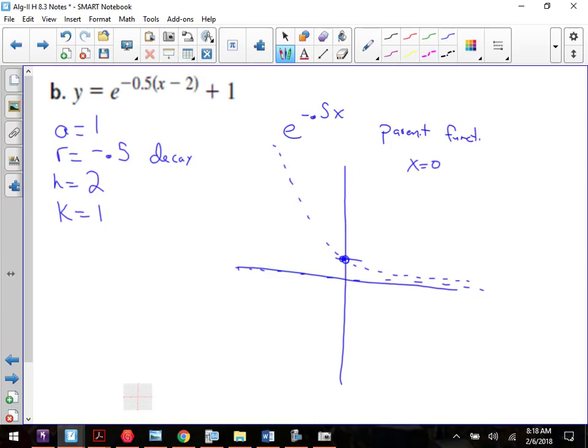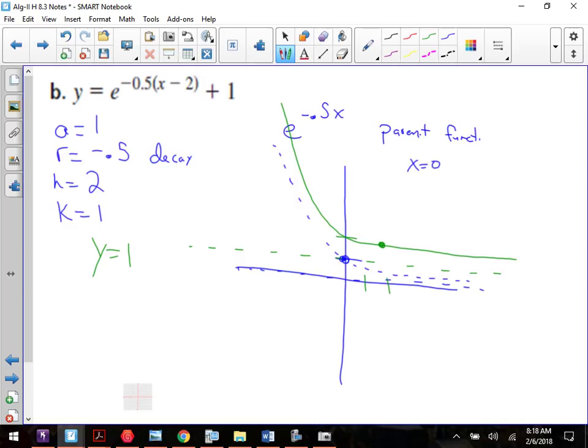From here, really the only thing I can do is move this point how many to the right? 2, and how many up? 1. Where does my new asymptote go? Very good. Still have a horizontal asymptote at y equals 1. And there's my solid.